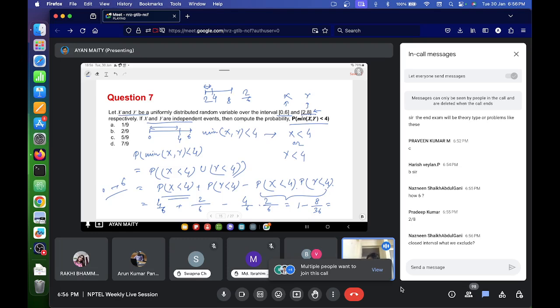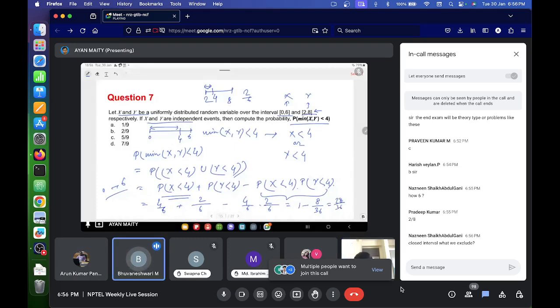So it is 6 minus 0 for x, and for y it is 8 minus 2. So these two are continuous variables, not discrete variables. Both the variables are continuous variables.